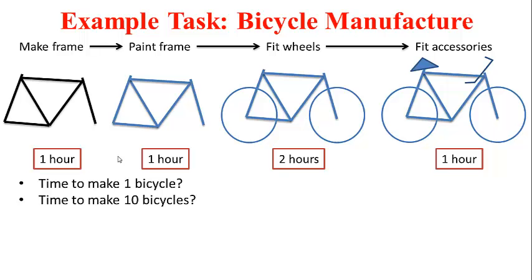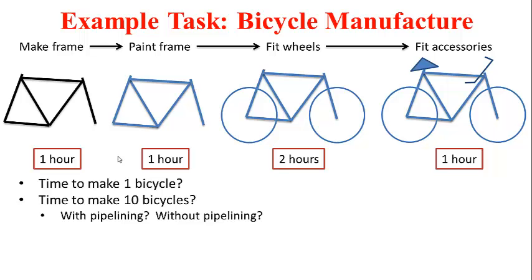For the case of making 10 bicycles, I need to tell you whether we are going to use pipelining or no pipelining. First, let us answer the scenario of how much time it will take to make 10 bicycles without pipelining. Next, answer the question of how much time it will take to make 10 bicycles with pipelining.